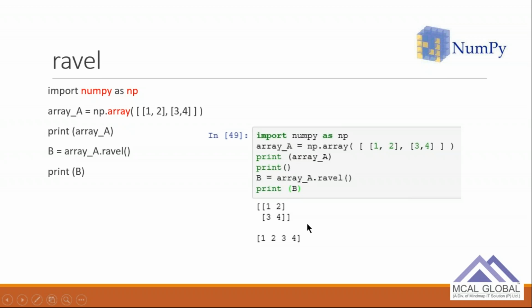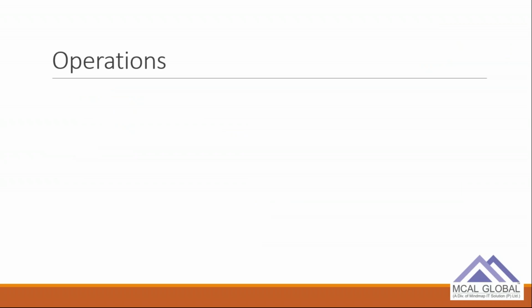It will always fill by rows: it starts with row 1, fills up by column, and then the second row, and fills up by column. You can even change that, whether you want to fill by row or by column; that option is there. I'll show you later. But ravel is basically when you want to flatten the array and make it one-dimensional.